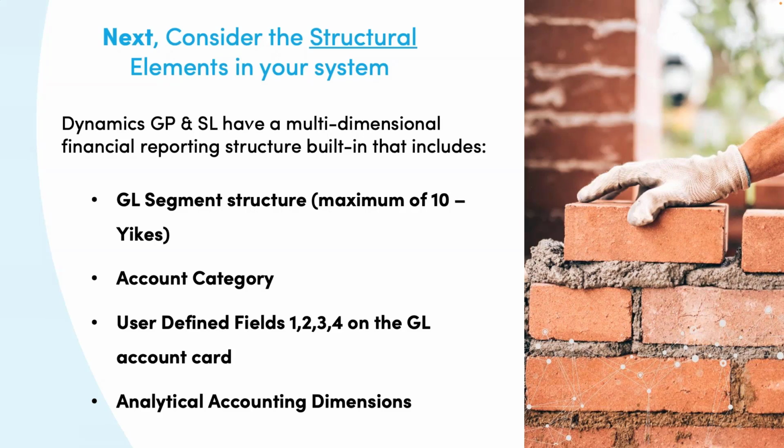We have worked with a client that maxed at 10. They lasted about 1.5 years. There were all kinds of issues and errors, and we had to go back and run a changer to bring it back together. But the chart of accounts lets you harness more than just the segments, and that's true of all of the Microsoft products, right? We have an account, segment, or dimension, but we also have things like categories and user-defined fields.